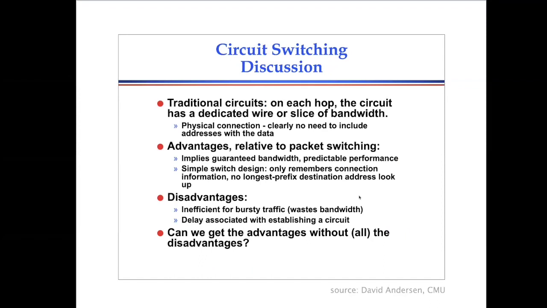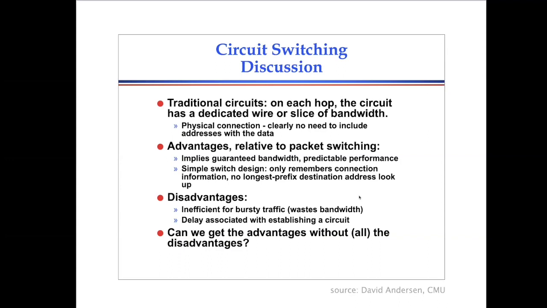What is nice with this is that you can actually have guarantees. I mentioned that best effort is not great because we don't have any guarantee, since packets can collide and there can be congestion. Because of that, we cannot get any upper or lower bound on the performance we'll get. In circuit switching, this is not the case.